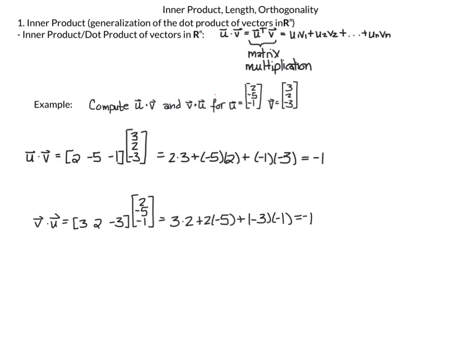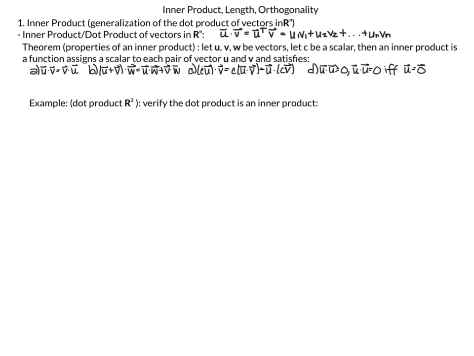We can also do V dot U, so I took V transpose and multiplied it by U, and by matrix multiplication, I also get -1, which, remember, according to our properties of an inner product, this dot product is commutative.